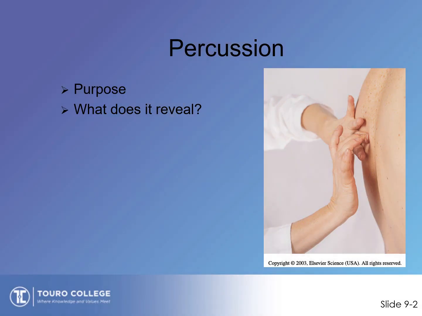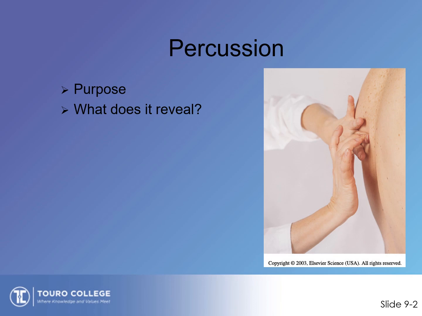Percussion. This is an act of producing vibration and sound waves to produce percussive tones. You strike one object against another by tapping your fingers or hands quickly and sharply against the part of the body. It produces a sound that's going to help you determine the location, size, and density of organs as well.